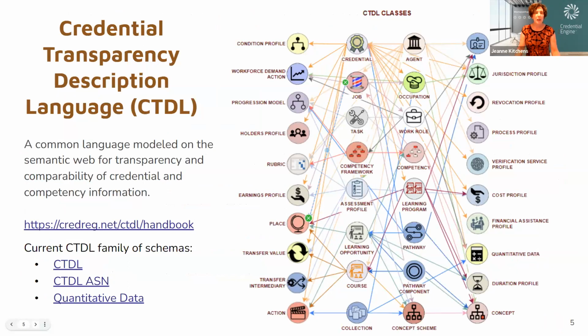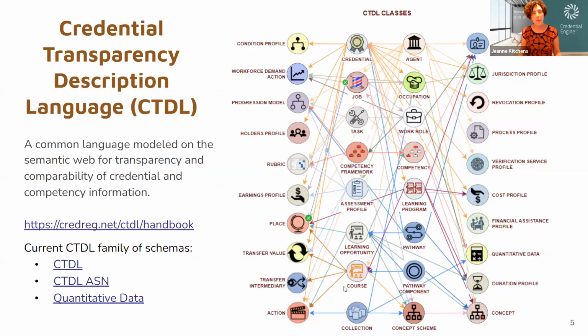The CTDL is a very large language, and this slide shows an image with a lot of pictures on the right-hand side. If you look at some of those little circles, you can see that they're labeled. For example, you can see job, occupation, work role, task, and you can also see things like credential, learning program, pathway, course.